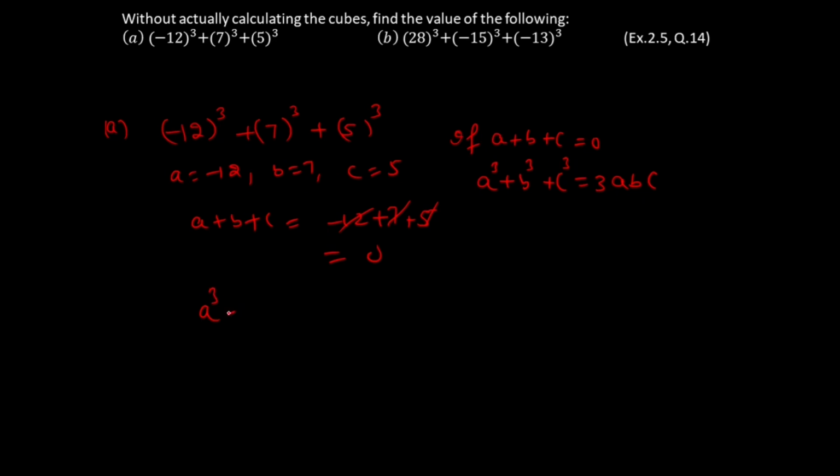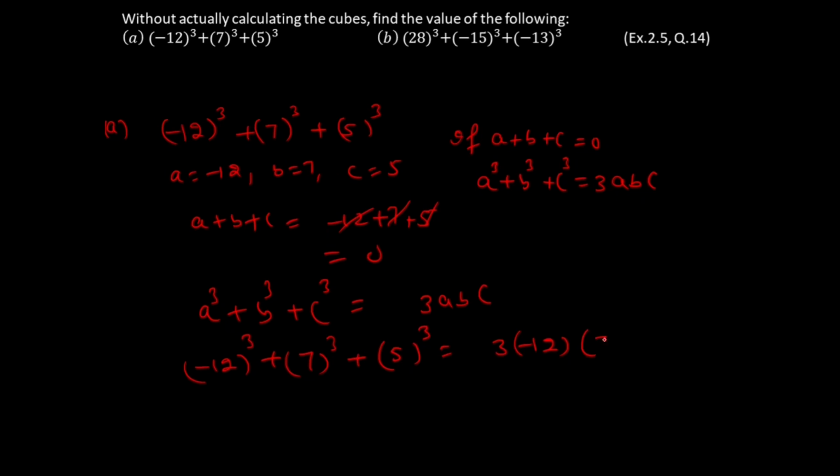Then what can I say? A cube plus B cube plus C cube can be written in which form? 3 times ABC. What was A? A was negative 12 and B was 7. C was nothing but 5. So this whole thing will be equal to 3 times negative 12, 7 and 5.